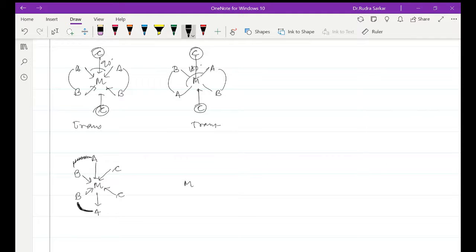So what is the mirror image of this molecule? Obviously something like that. Forgot to circle out the donor atoms over here. So now we will place the B atoms. Okay, and then we have the A atoms.